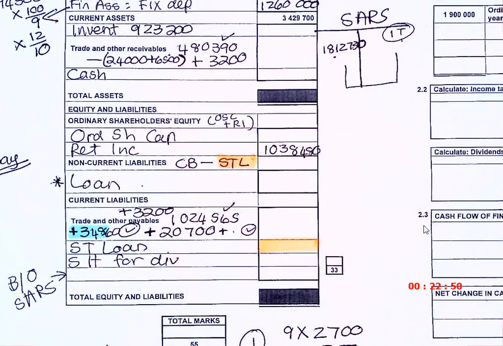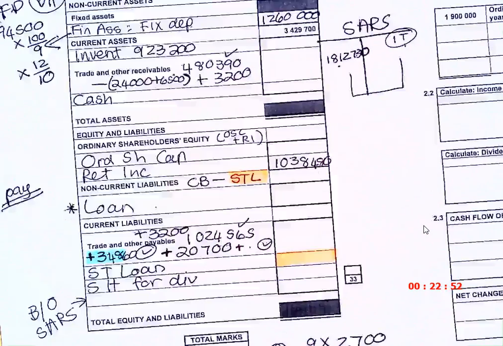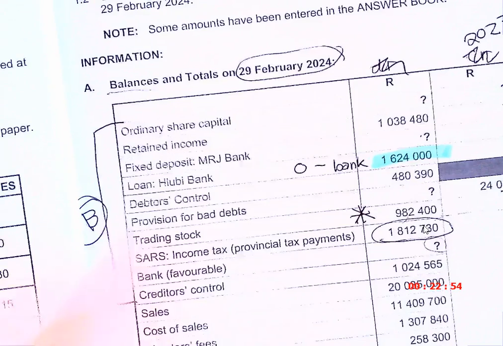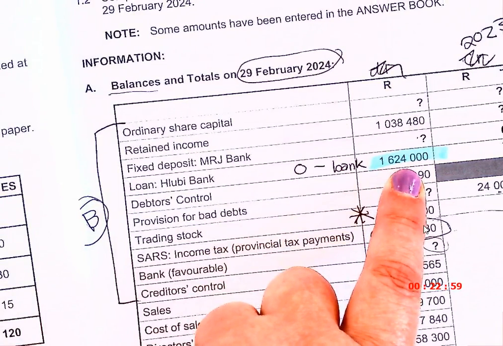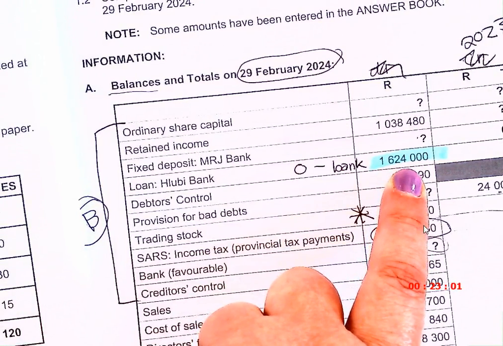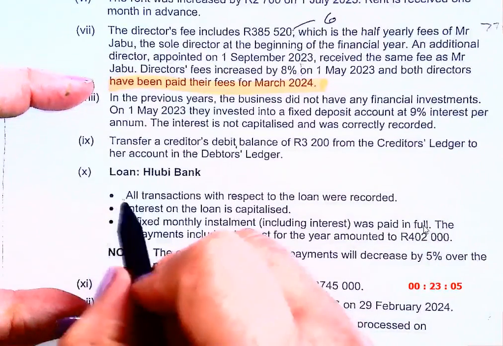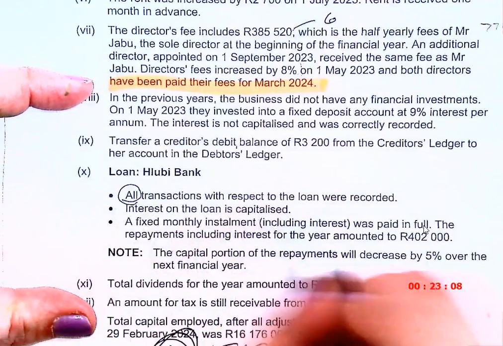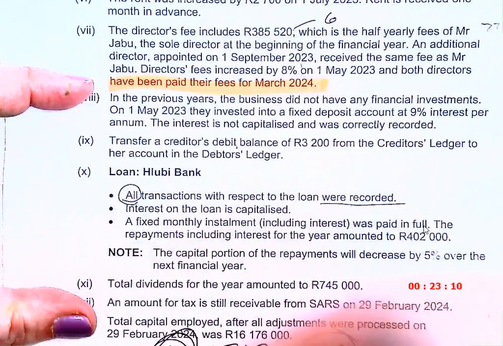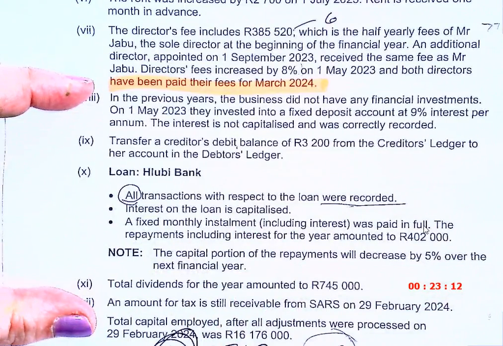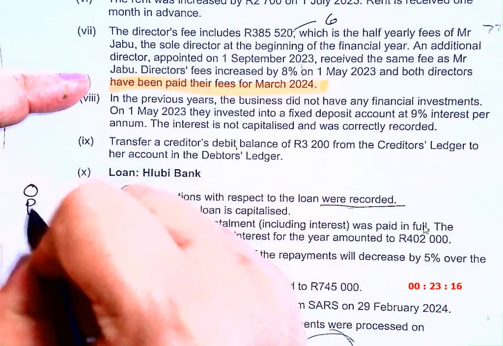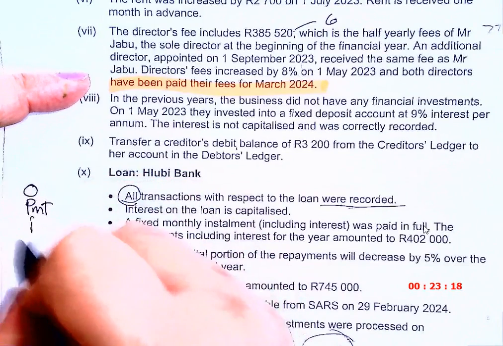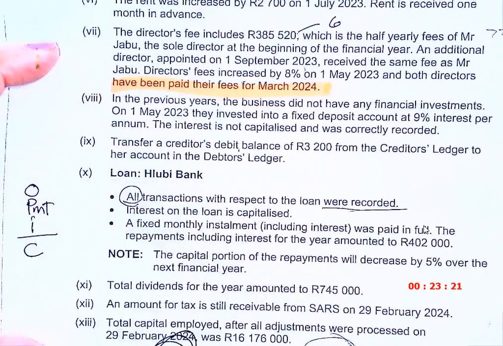Right? Okay. Now, let's go look. What do they tell me? They tell me, here's a balance. Can you see they give me a balance? Now, usually that is the opening less the bank. Right? But now if I read here, they say, all transactions with respect to the loan were recorded. Can you see they don't do it like they always do, where they give you an opening, a payment, an interest, and a closing?